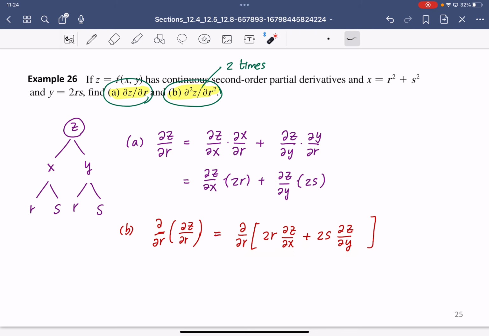You split them up, so you get ∂/∂r of 2r ∂z/∂x. This is the first term. The second term is going to be ∂/∂r of 2s ∂z/∂y.